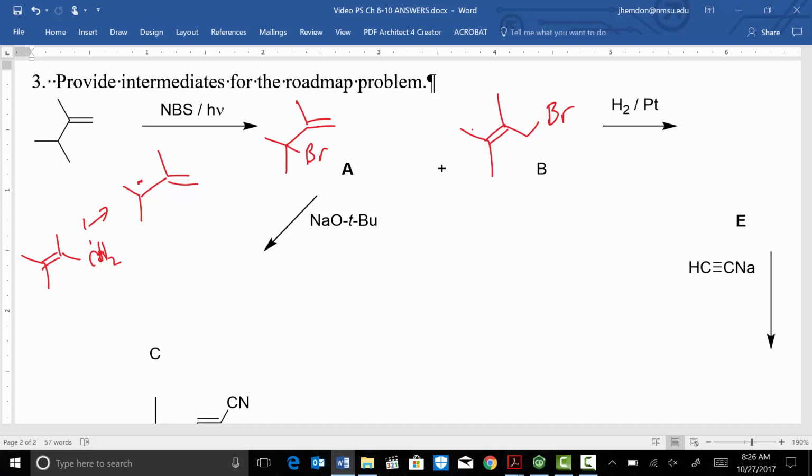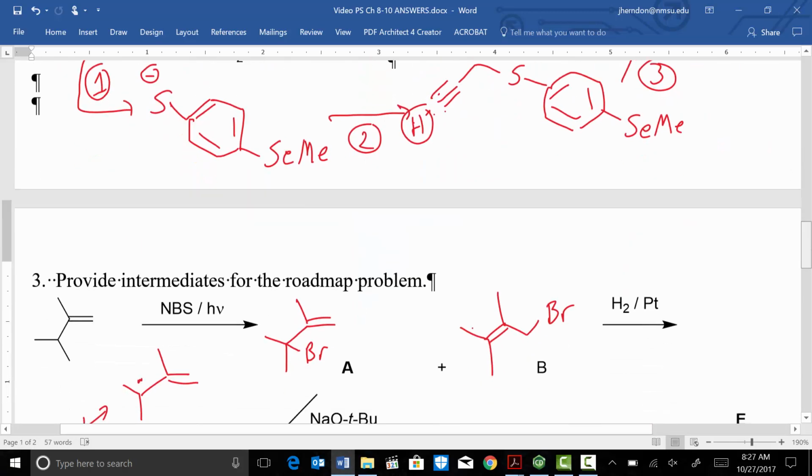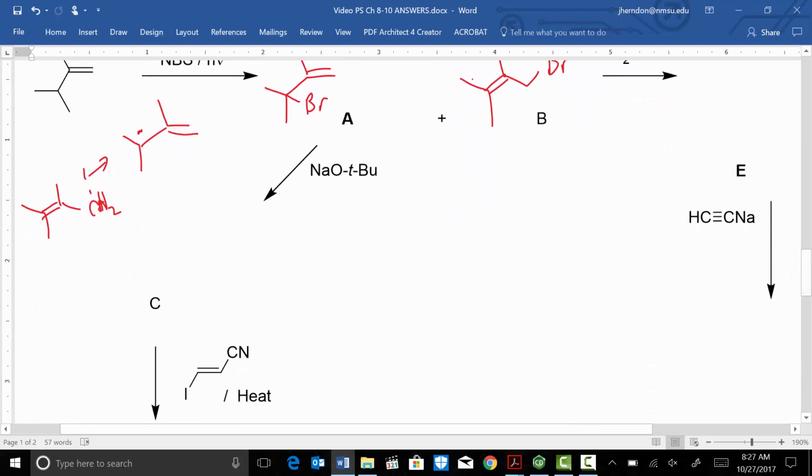All right, so if we treat A with this strong base, kind of hindered too, we're going to do the E2, right?